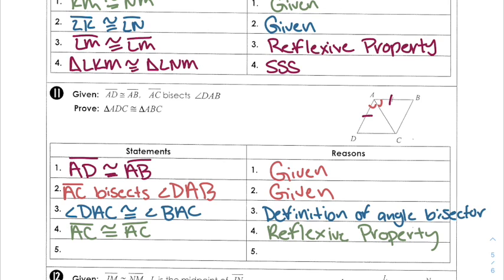Okay? So this is congruent. So we have a pair of sides congruent to each other. Then we have a pair of angles congruent to each other. Then we have a side congruent to a side. So therefore, triangle ADC is congruent to triangle ABC by side, angle, side. Okay?